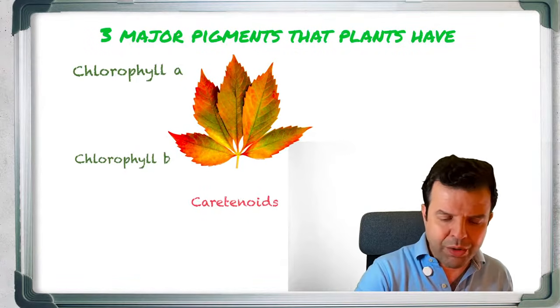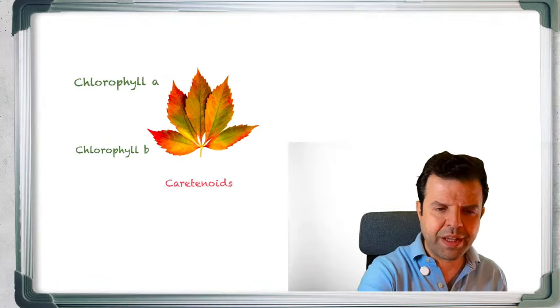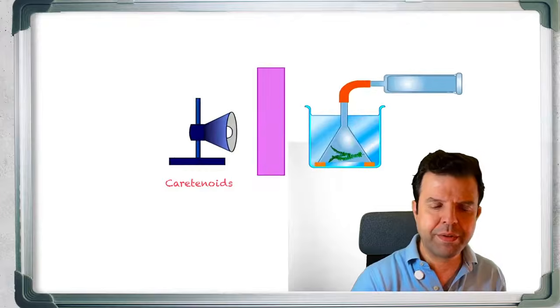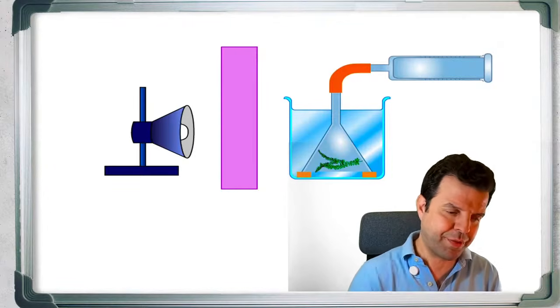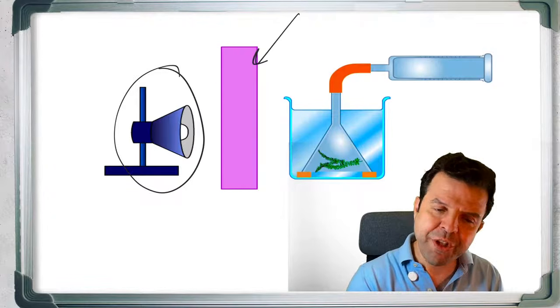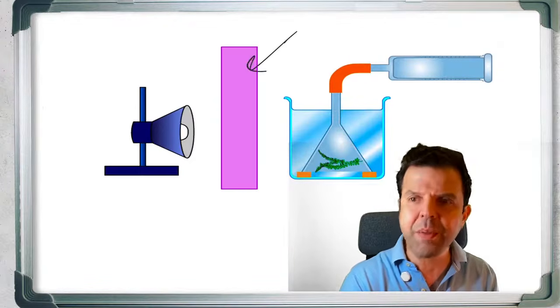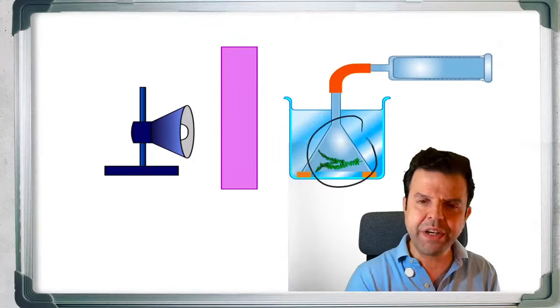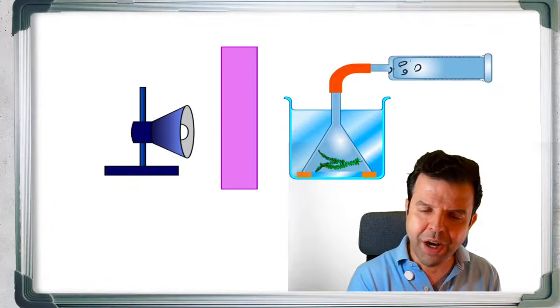So how does this happen? Let me show you how. Here is a plant. You see I have a light bulb on the left. I have a filter there in the middle. I'm going to change the wavelength, I'm going to change the color. And here I have some water plants and I'm trying to collect the oxygen.